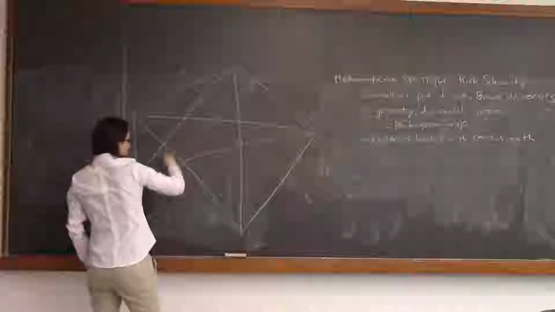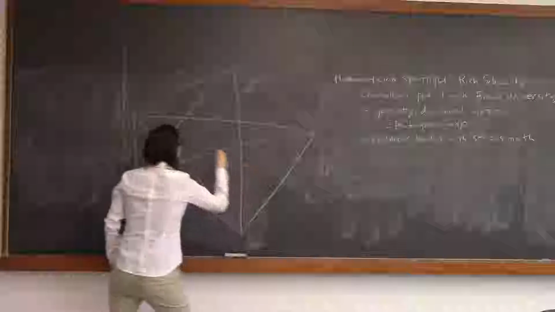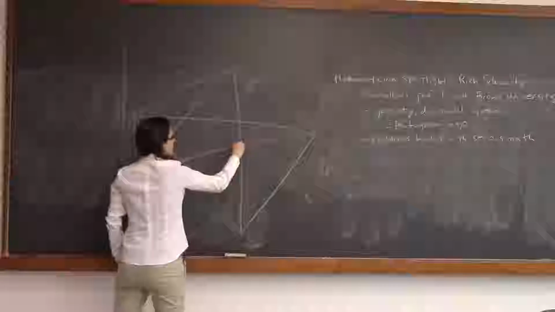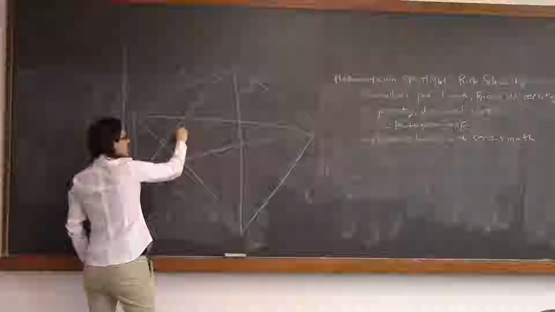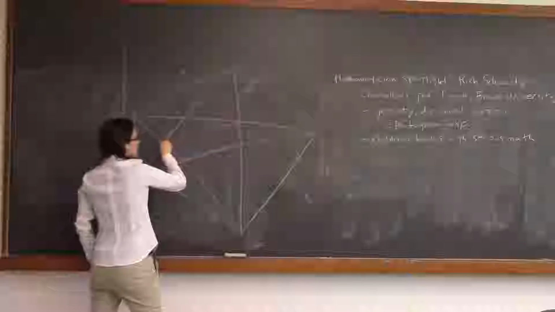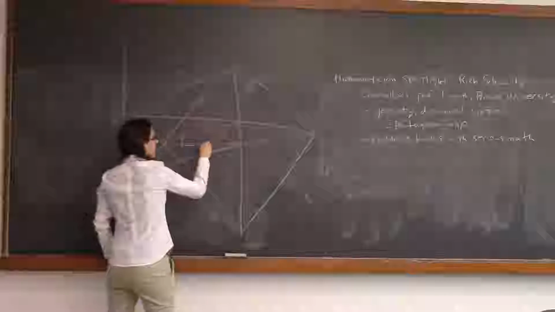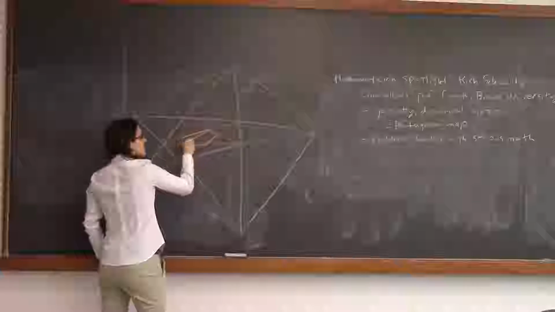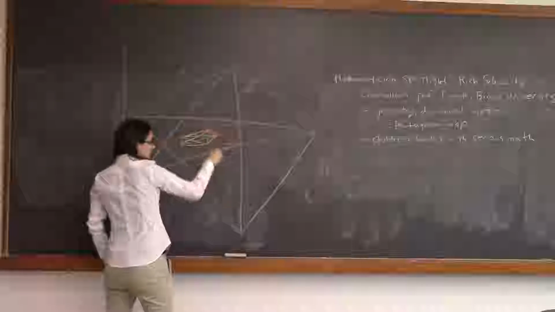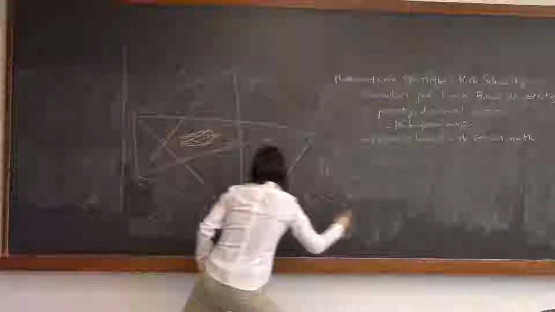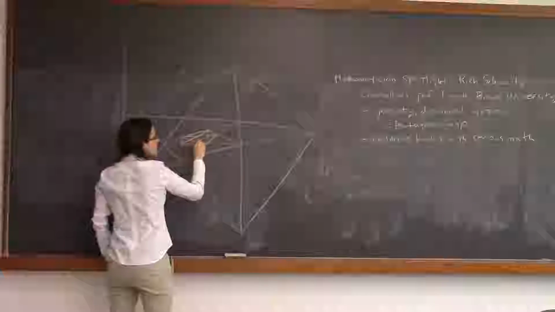Okay, and now here you get a new pentagon. So here's this new pentagon. And then he would make a star with those vertices. And that gives you a new pentagon. And then he would make a star with those vertices. And that gives you a new pentagon, and so on.